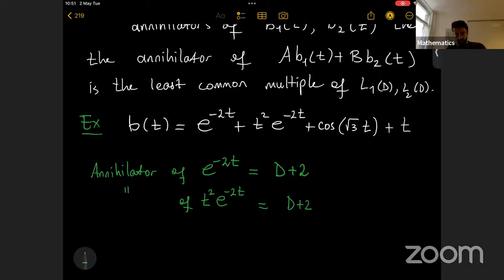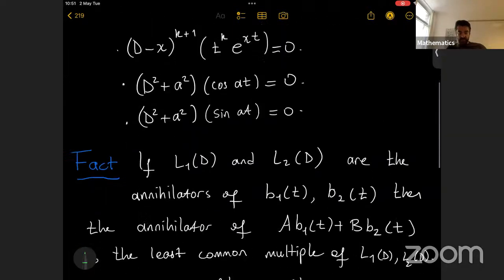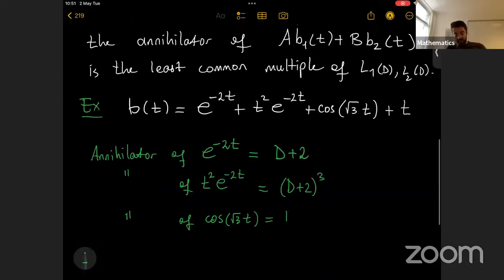So it's going to be (D plus 2) to the 3, right? And what about cosine root 3t? This is, as in this example here, D squared plus root 3 squared, which is D squared plus 3, okay? And the annihilator of the last function t. Well, how do you kill t? If you differentiate once, you get 1, and twice you get 0. That means it is D squared.